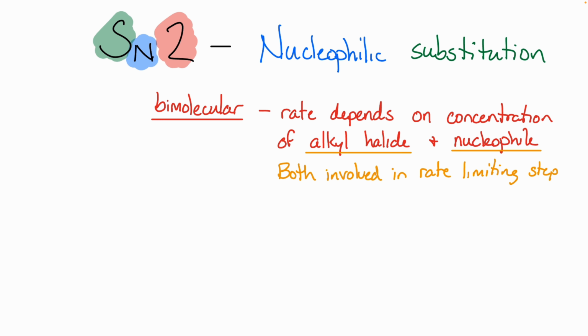Taking us all the way back to Chem 1B, if I wanted to write the rate law for an SN2 reaction, that would be rate equals some constant k times the concentration of alkyl halide times the concentration of nucleophile.